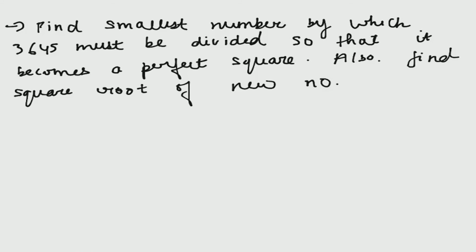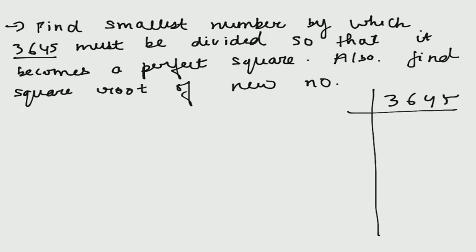The next question is to find the smallest number by which we can divide the given number to make it a perfect square. The steps will remain the same. Here we will start by finding the prime factors only. We start finding the prime factors of 3645. It gives us 1215.